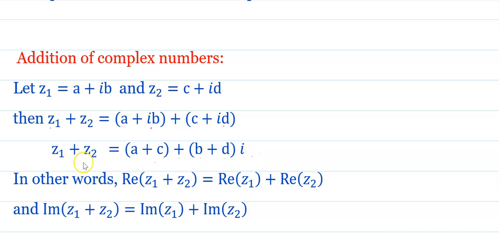Therefore z1 plus z2 is equal to in bracket a plus c, addition of real parts, plus addition of imaginary parts b plus d, that into i.